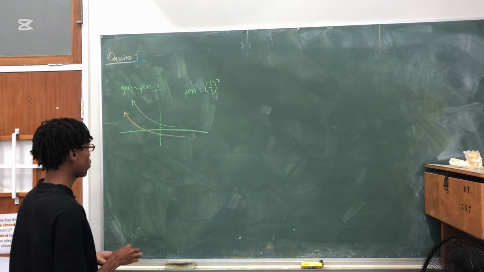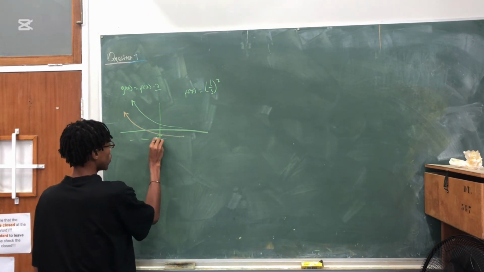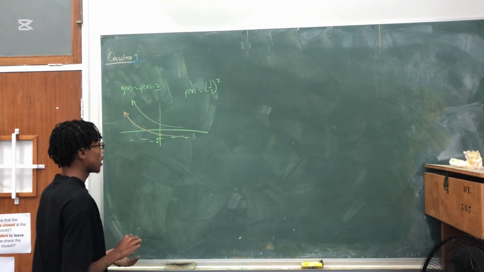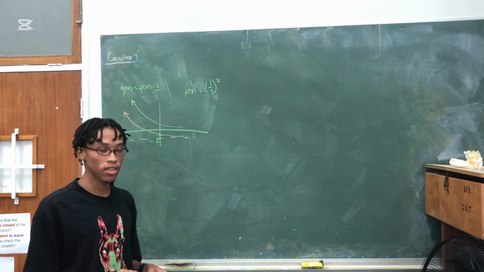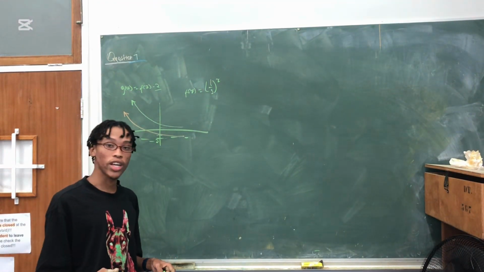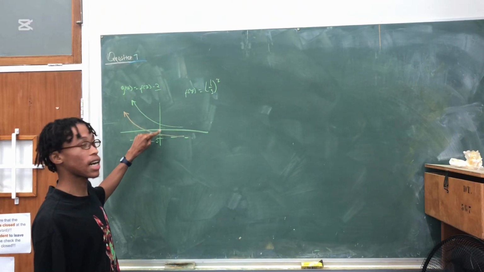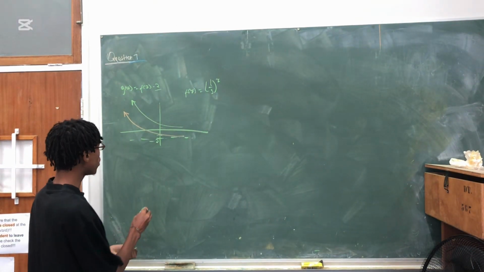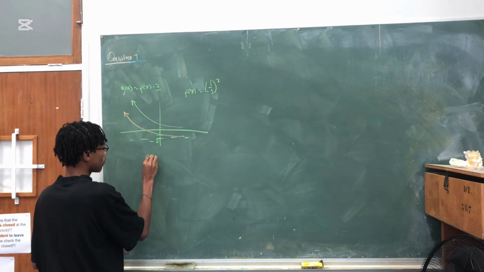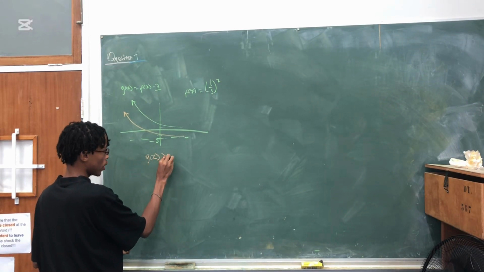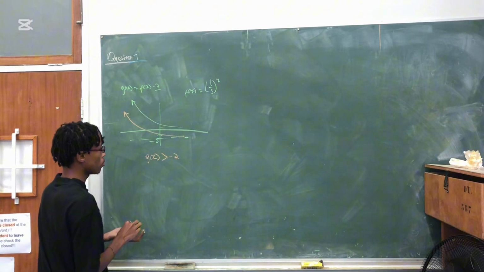So our asymptote is going to be -2. The range of this function, remember when we talk about the range, we talk about y values, the y values that are covered by this function. So the g of x function covers values that are greater than -2.